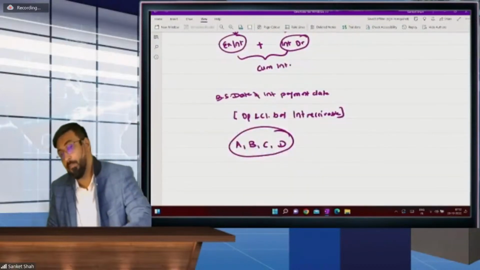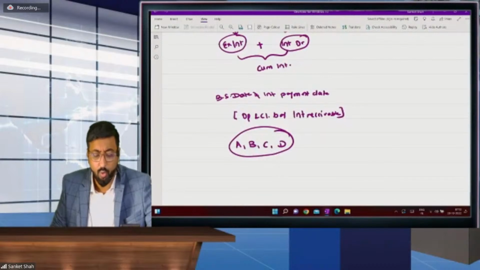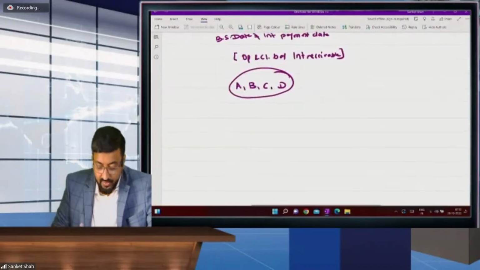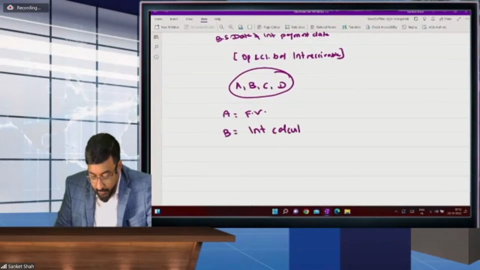Now we are going to solve some questions. Don't worry, those students who have already watched my sessions, beta, this is like a quick revision. Very good. Abdulji has written that A is equal to face value. B, you will calculate interest calculation. C is inner column.